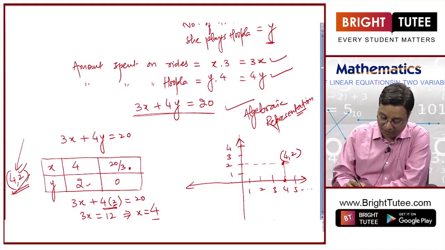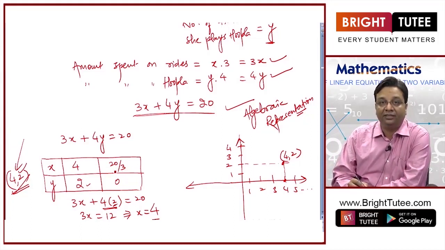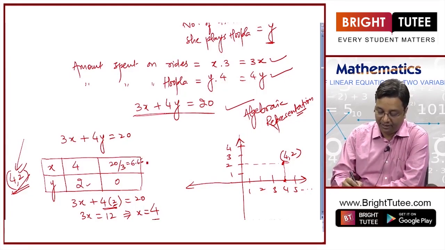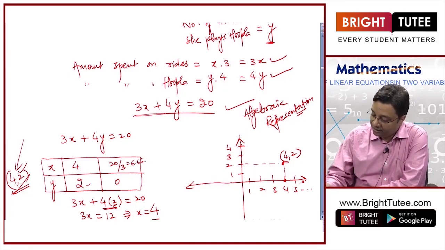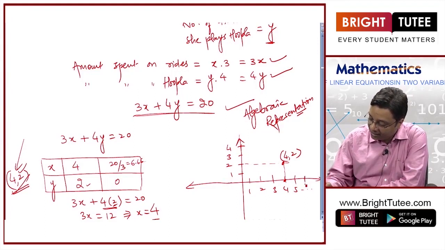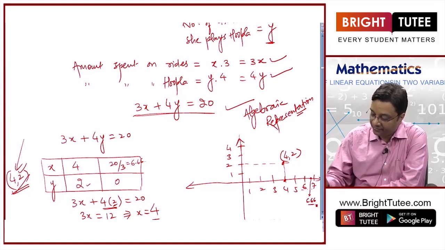Now look at the point 20 by 3. 20 by 3 is approximately how much? 6 point something, 6.66. Now to represent this point, you need to find 6.66. So what you will do is mark 6 here, 7 here, and this is approximately 6.66, and y is 0.